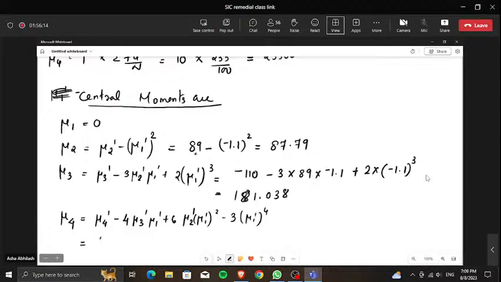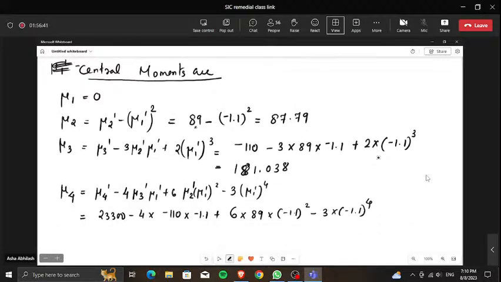That is, mu4 dash is 23300 minus 4 into what was your mu3 dash, minus 110, what was your mu1 dash, minus 1.1, what is your mu2 dash, 89, mu1 dash is minus 1.1 whole square, then 3 into minus 1.1 all raised to 4. Quickly find this value.